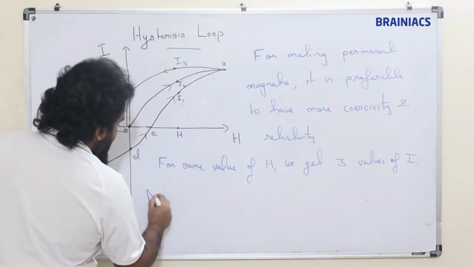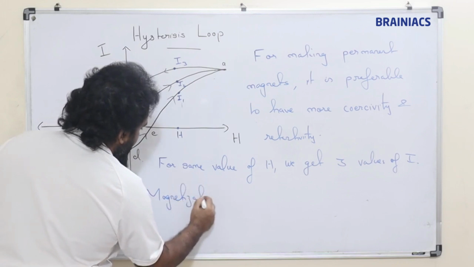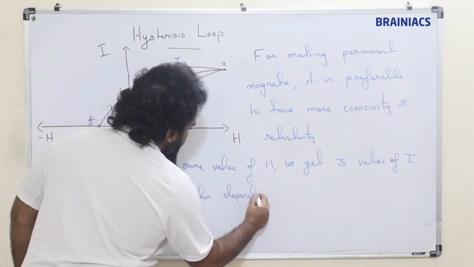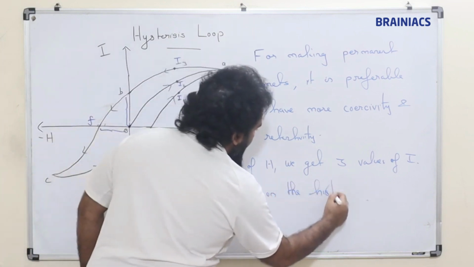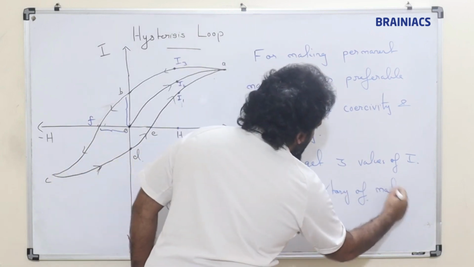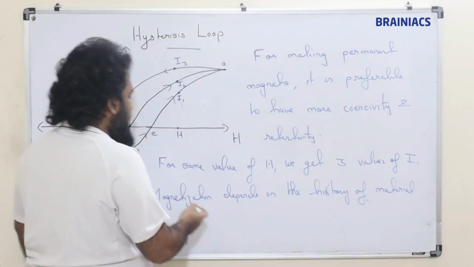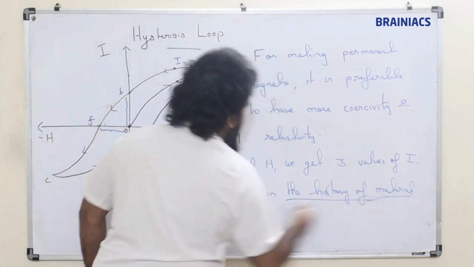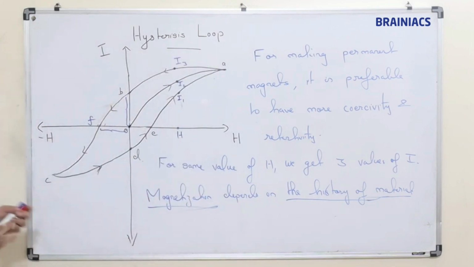Okay, so magnetization depends on the history of material, how much it is magnetized already, all those things will have the decision in deciding the magnetization. Clear or what? Note down all these points.